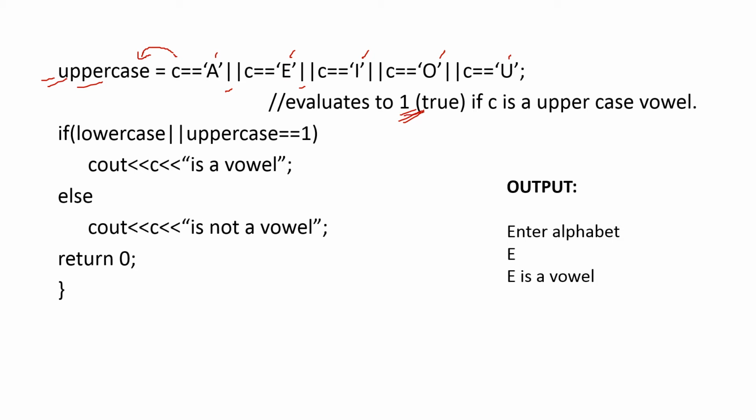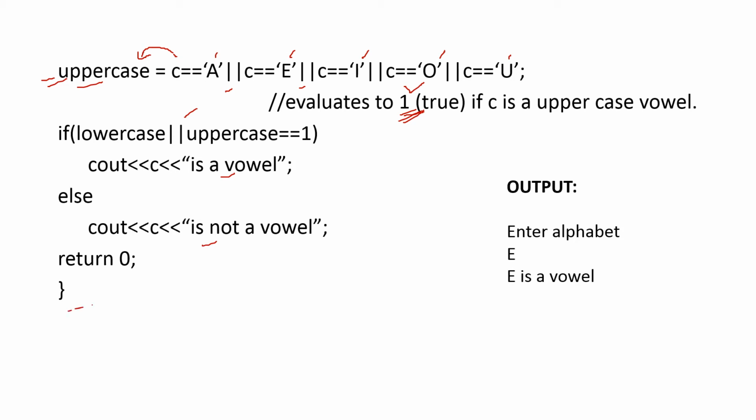In this program, 1 is the true situation, that is, it is a vowel. So if lowercase or uppercase is equal to 1, then you print the character is a vowel, else the character is not a vowel, and then stop the program.